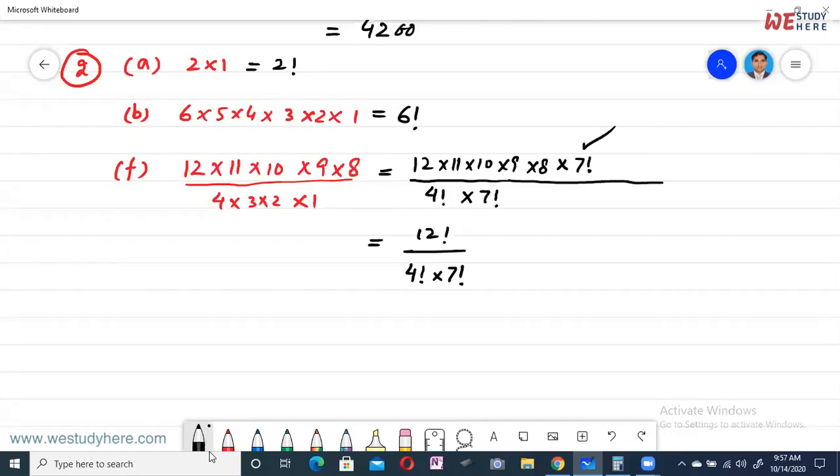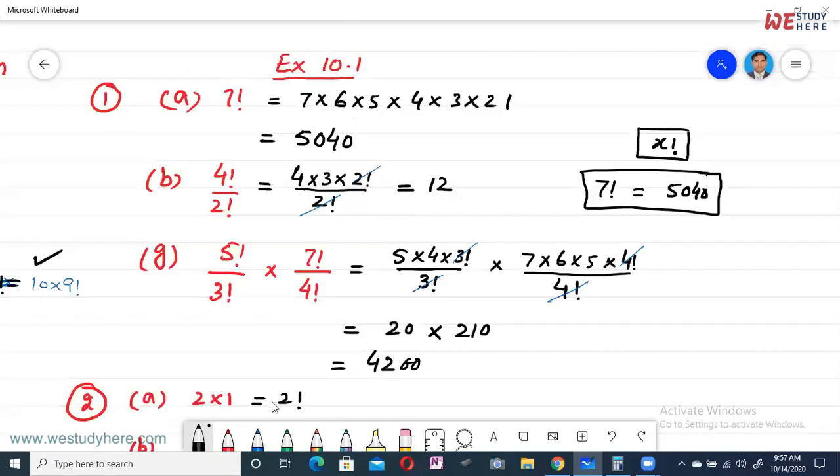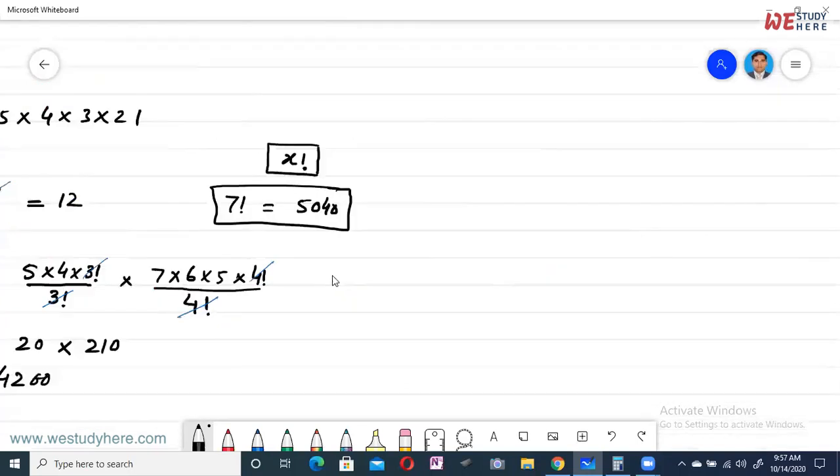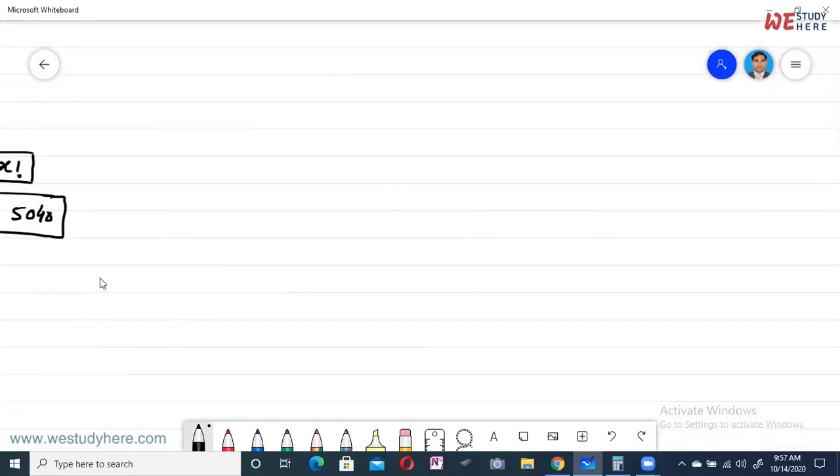Now we are going to the next question, question number 3. Question number 3 is, rewrite each of the following using factorial notation.